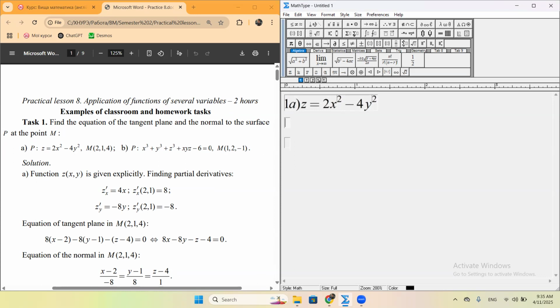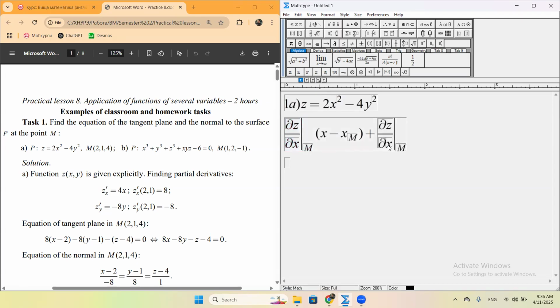So the following formula: dz by dx at point M, multiplied by x minus x_M, plus analogically.